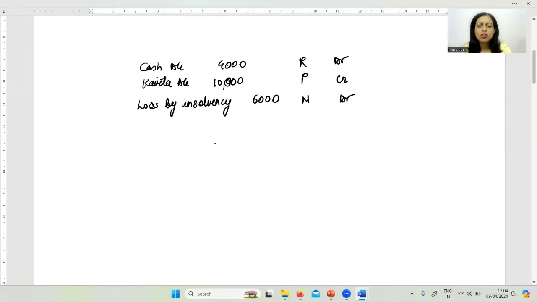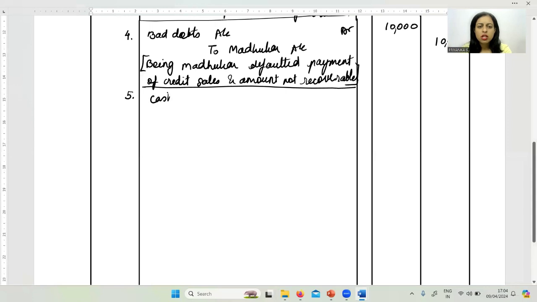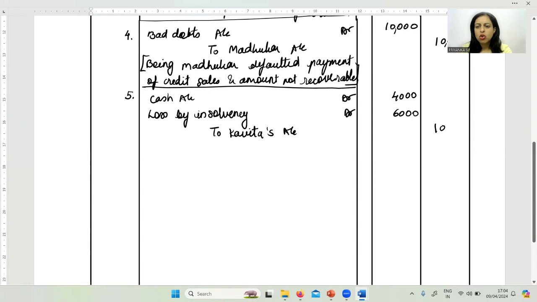So this is debit. So let's write in the journal now. Journalize this transaction. First, take all the debits. Cash account debit, 4,000, which is recovered. Loss by insolvency, this is also debit, 6,000. And to Kavita's account, this will be the total amount of 10,000 as a credit.